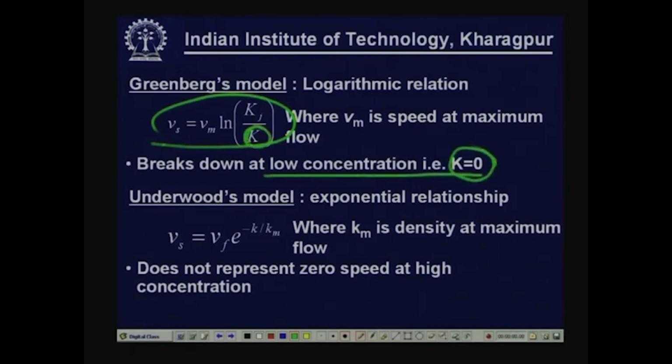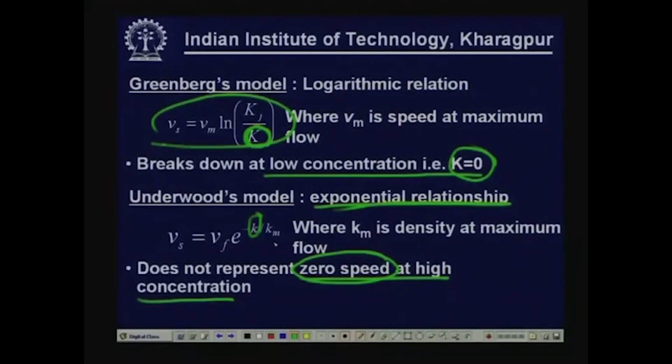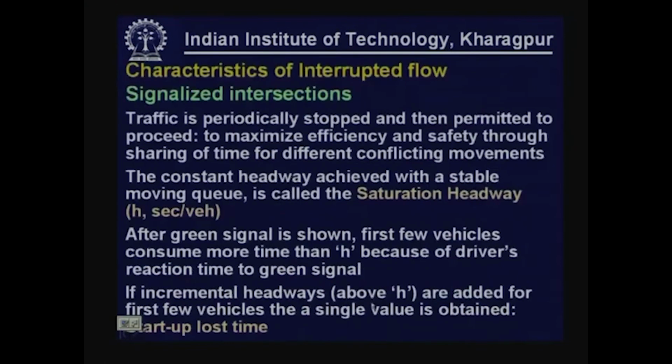If you put k equal to 0, it breaks down the relationship. Similarly, this Underwood's exponential relationship does not represent 0 speed at high concentration. Whatever may be the value of k, it does not represent exactly 0 speed as it was represented by Greenshields' linear model. There are so many other models. You can refer to any textbook if you are interested to know about other types of models.